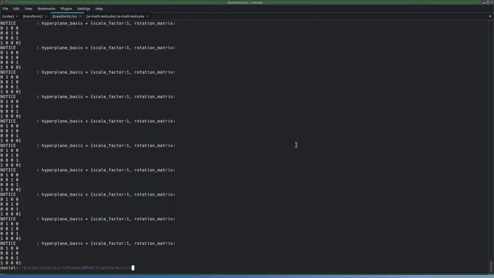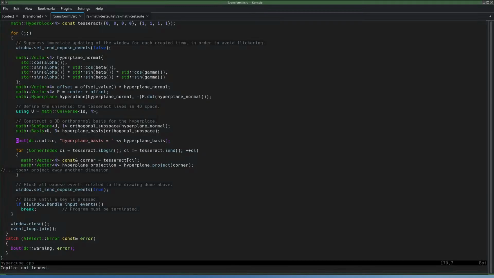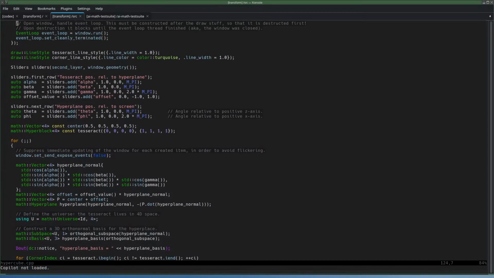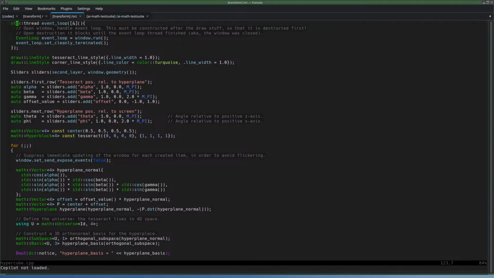Do I have that somewhere? Some ASCII art drawing, or yeah, okay. So if you set alpha to 0, then the hyperplane normal points along the x-axis.